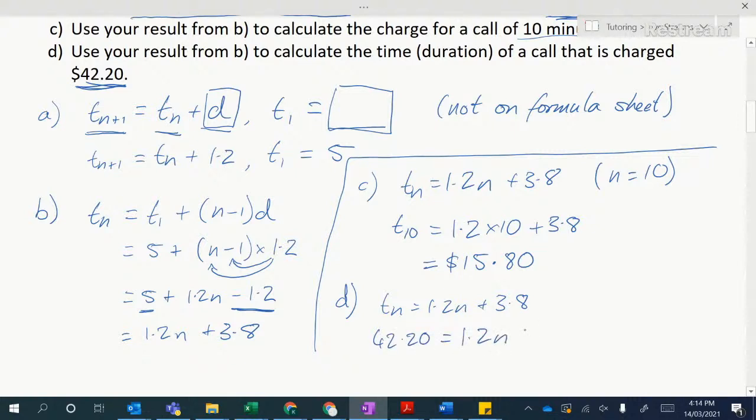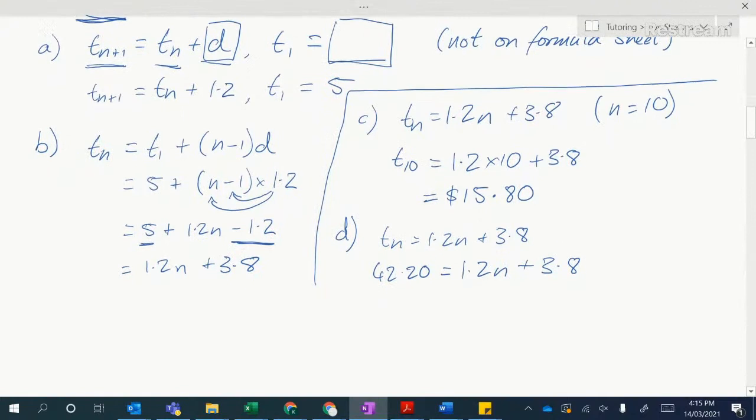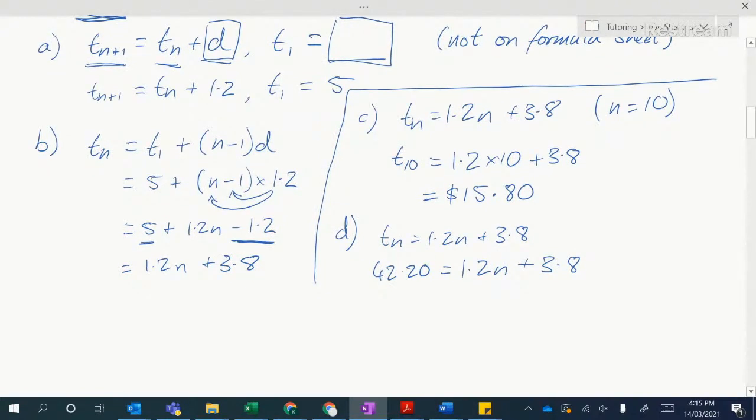And now we need to solve for n. Okay, so use your algebra skills to solve for n. I'll give you a little head start. Okay, so I would take away 3.8 from both sides, like so.